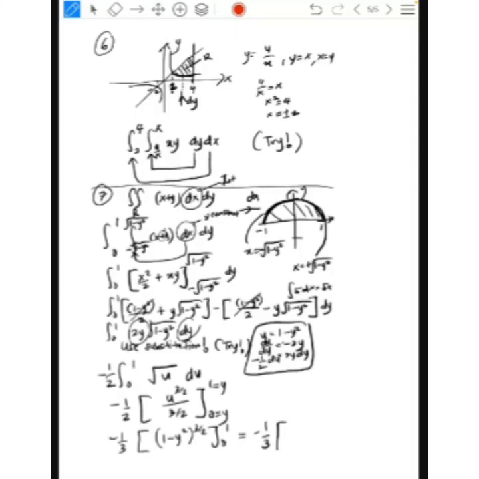Okay, 1 minus 1 will be 0, minus 1. Oh, sorry, here there is no 1 over 2 anymore. This one will be du only. So this one there's no 1 over 2. This one will be negative 2 over 3. Negative 2 over 3. So the answer will be 2 over 3.